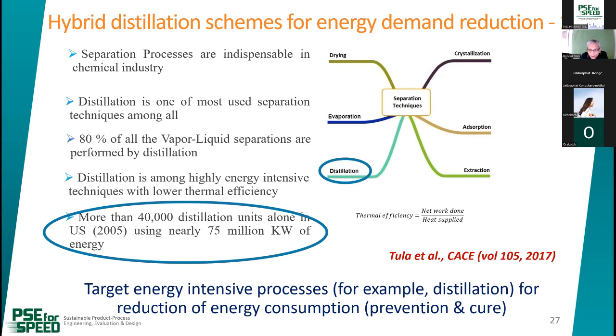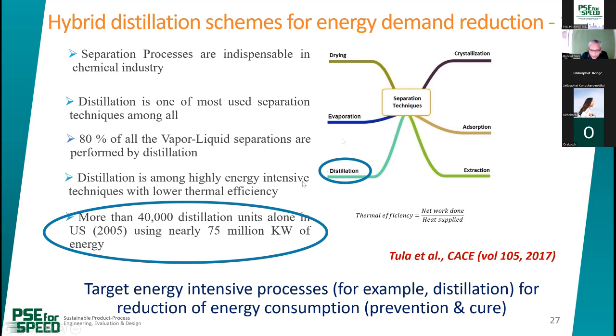So if we want to reduce the carbon footprint or CO2 emission, the one to target is distillation, because that is the one that uses the most energy. There's no point in trying to reduce energy here or here. Compared to distillation, they are insignificant.